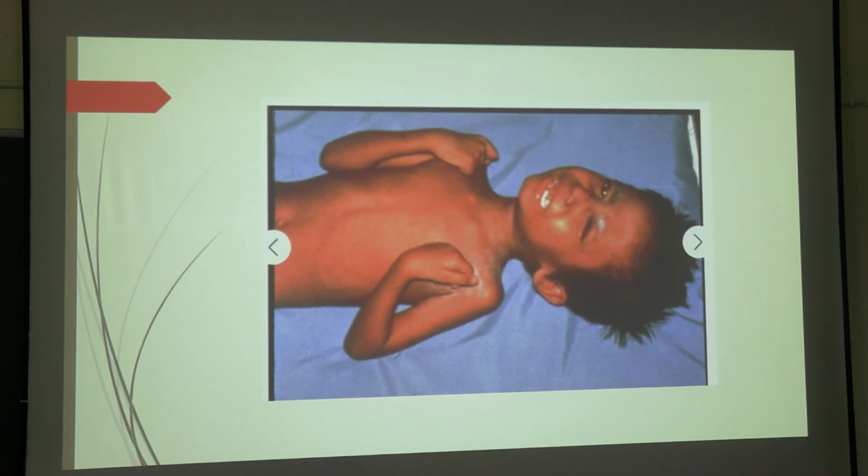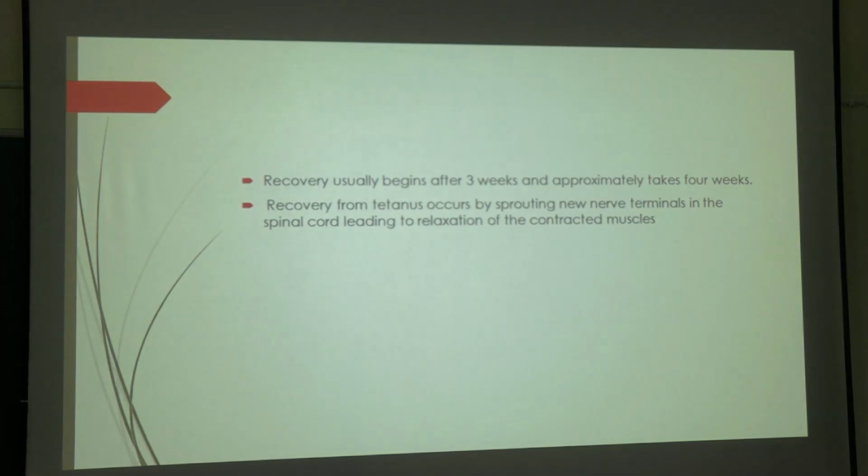The patient cannot fully close the lips. It is called Risus Sardonicus. And the posture, I'll come to that later. You can understand that the upper limb tone is more. Now recovery usually begins at 3 weeks and approximately takes 4 weeks.